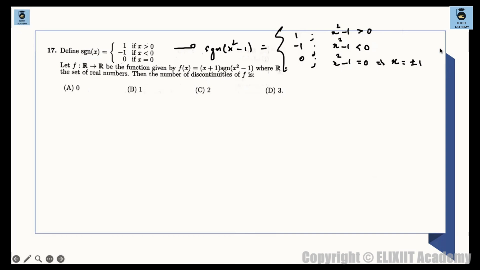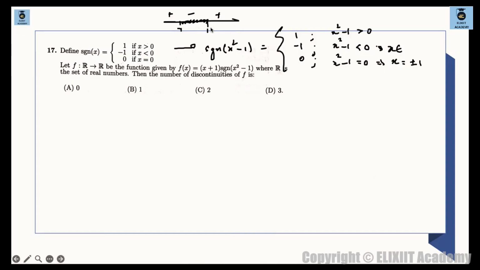Okay. Now, when x square minus 1 is less than 0, what will happen? x belongs to minus 1 to 1. Use the wavy curve method here. x square minus 1 has signs plus, minus, plus. So which region do we want? Where x square minus 1 is negative, so we want this region. The turning points are minus 1 and plus 1. Remember, it is the wavy curve method, simple. With minus 1 and 1, the region in the middle is where this is negative.